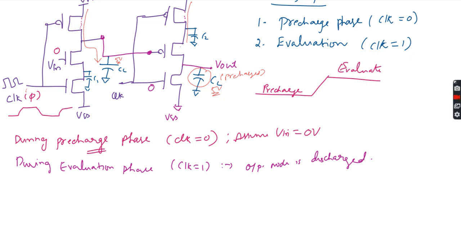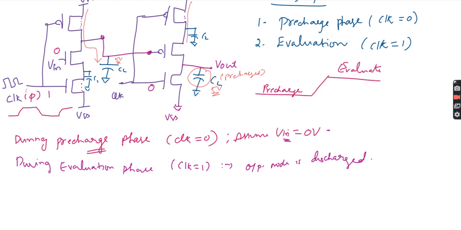Now if I give clock equal to 1, this will get turned off and this will become on. If this is on and your input is 0 only, it won't perform any operation. Remember, during the pre-charge operation, it won't perform anything. During the evaluation phase only, it will perform.